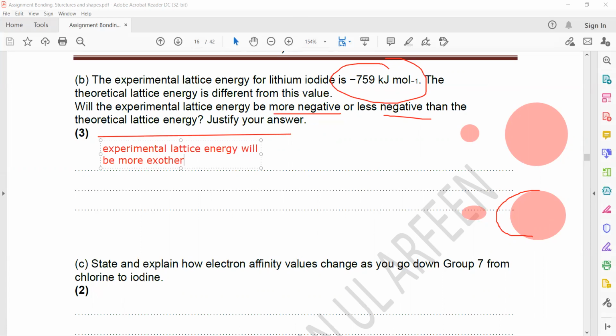More exothermic, and that is due to the distortion or polarization of iodide ion.